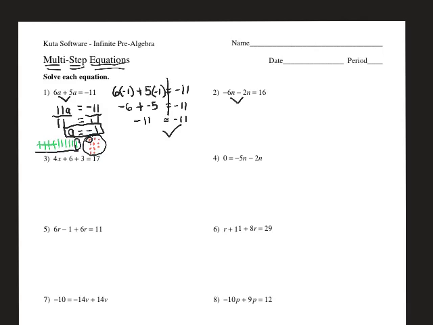Again, we're going to combine like terms. If I'm in debt 6n, and then remember, subtracting a positive is the same as adding a negative. So here I'm in debt 6, I'm in debt 2 more, I'm in debt 8. Now, I've got 8 students and 16 pieces of candy. How many pieces does each student get?